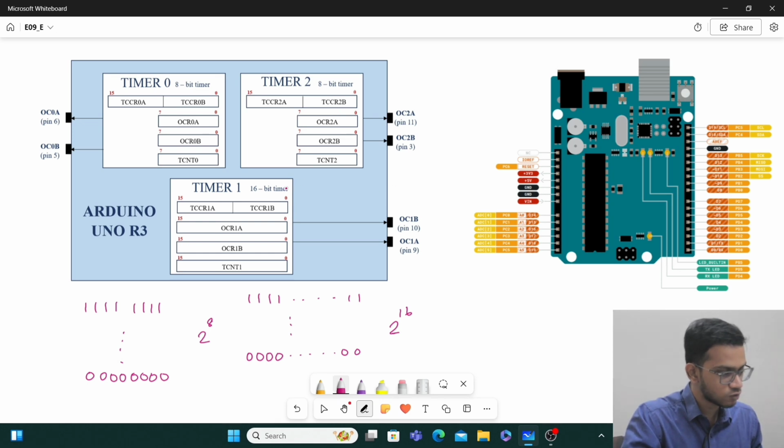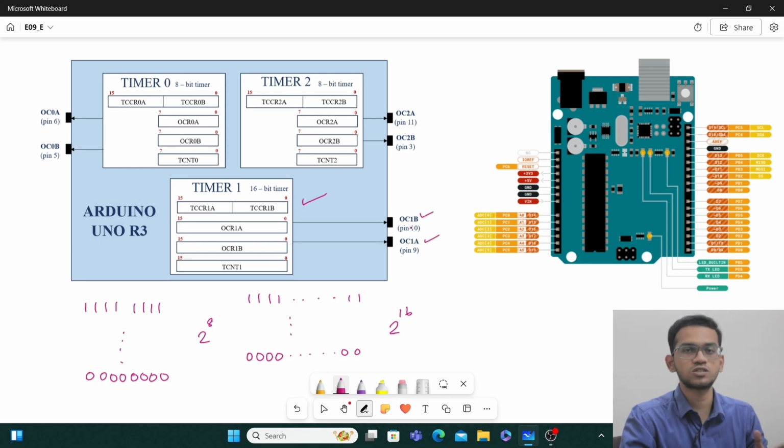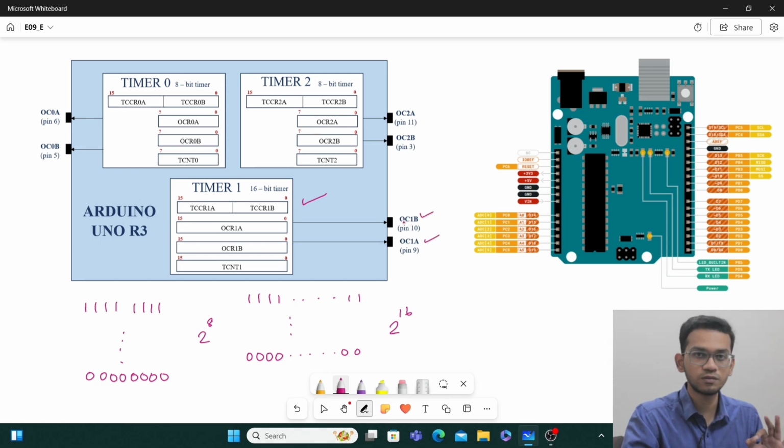So we are going to focus only on the 16-bit timer in our discussion. And the 16-bit timer is connected to the OC1A pin and OC1B pin. Now what are OC1A and OC1B? They are merely pins available on your Arduino board. OC1A is pin 9 and OC1B is pin 10.